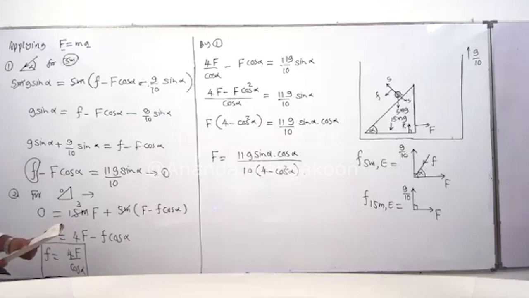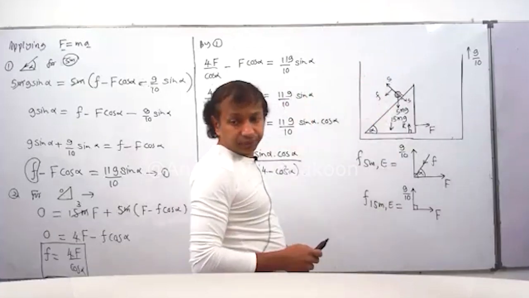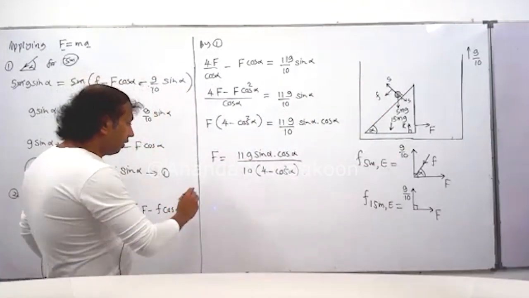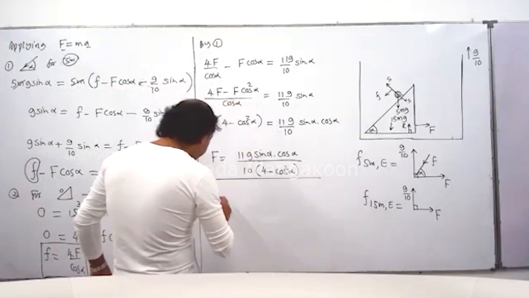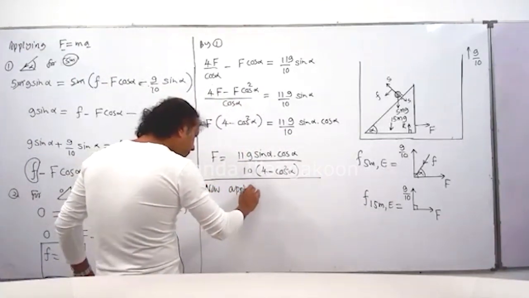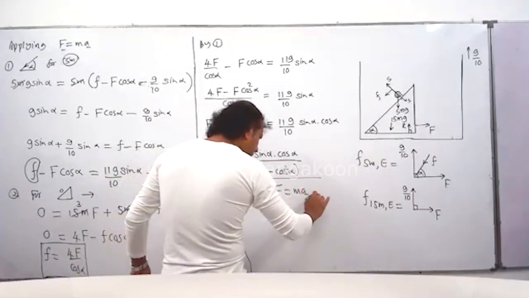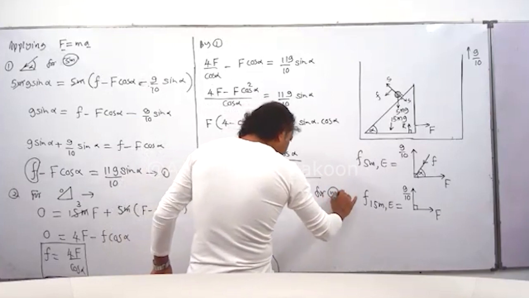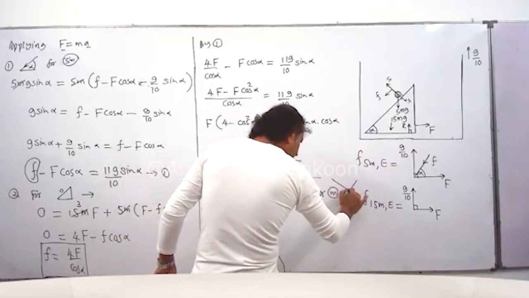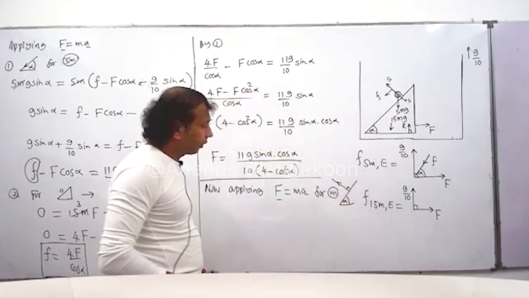Now we apply F equals ma for this particle perpendicular to the field. Applying F equals ma for the particle of mass m in this direction, what do you get there?